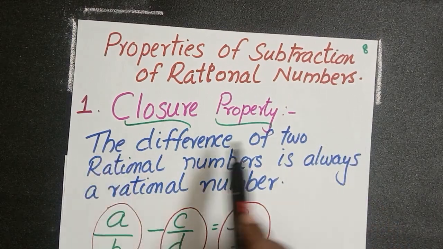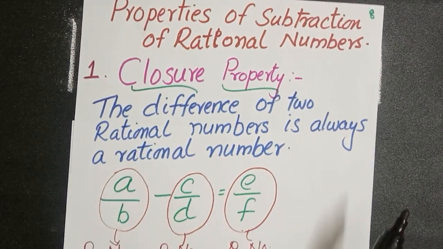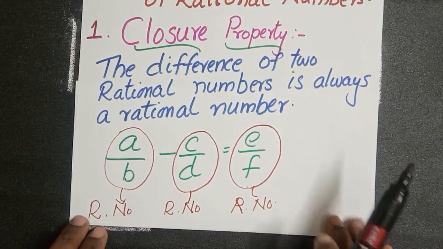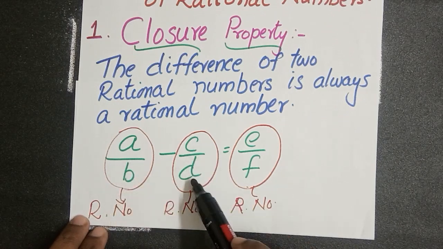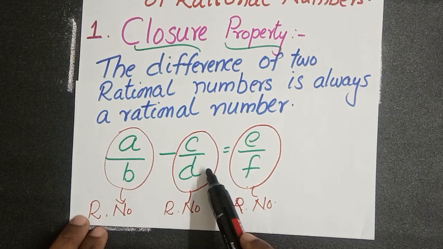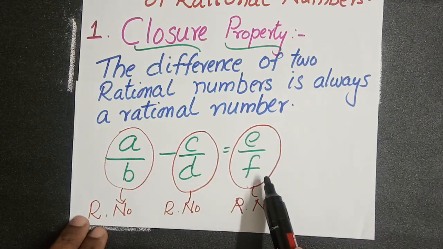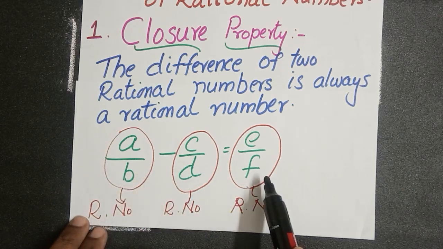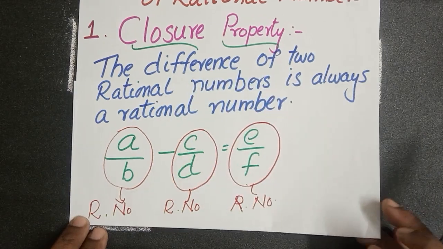The first property is closure property, which states that the difference of two rational numbers is always a rational number. So you see, one rational number a upon b, c upon d is the second rational number. When you subtract and you got a rational number e by f, then this is also a rational number. See, if these two are rational numbers, this also will be a rational number. That is the property called closure property.